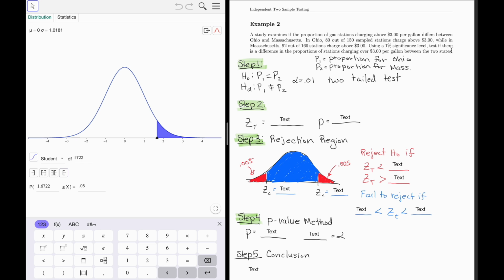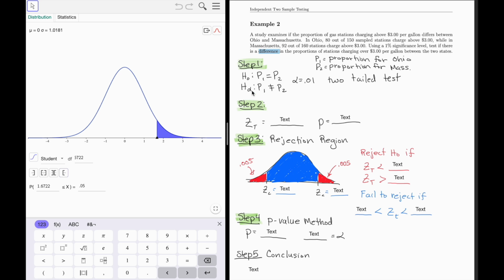So for this one, we're just looking to see if there's a difference. We're not seeing if it's greater than or less than. We're just seeing if it's different. So we're going to let P1 be the proportion for Ohio, and P2 be the proportion for Massachusetts. For the null hypothesis, we're going to assume that they're the same: P1 is equal to P2.